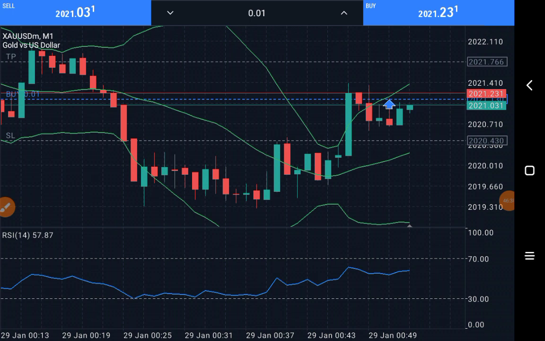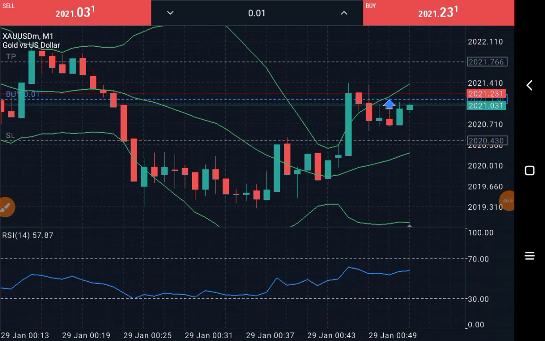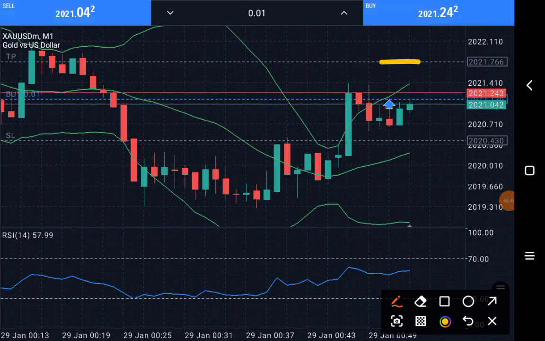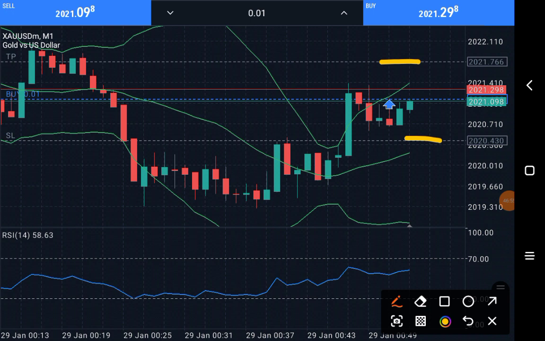If the price goes up and hits this level here, it will take me out with profit. But if it comes down and hits this level here, it will take me out with a loss. That is why it's called stop loss, and the upper one is called take profit.